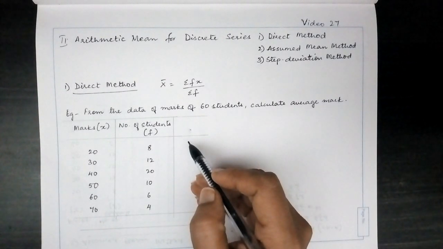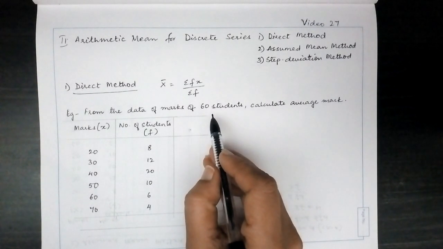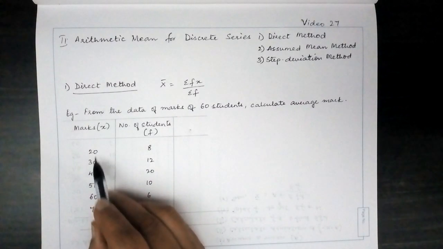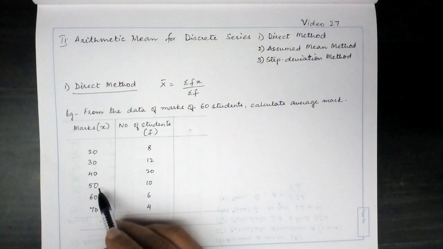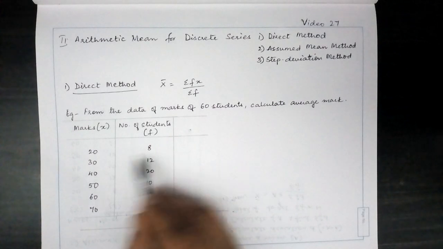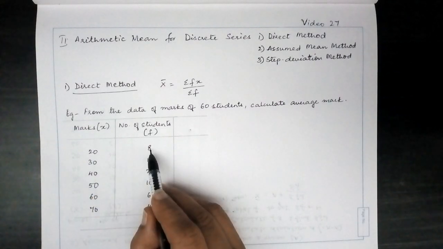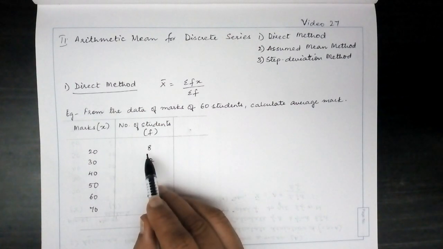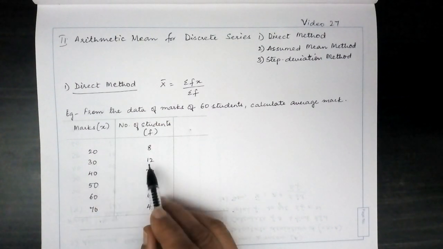Here we are given 60 students. Already we are given how many students there are: 60. Now here are the marks: 20, 30, 40, 50, 60, 70. How many students have scored 20 marks? 8 students. So that means 20 has occurred 8 times and 30 has occurred 12 times.